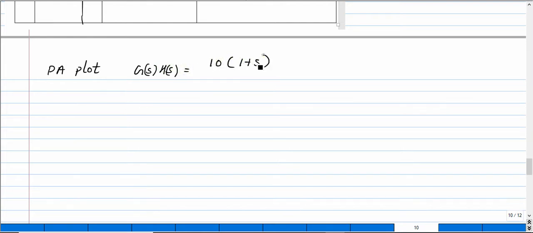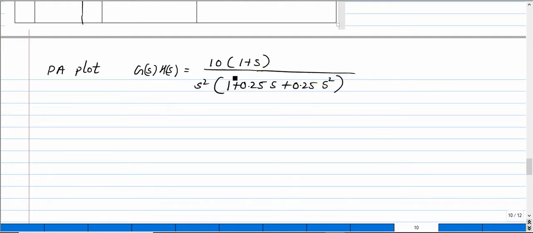The second step will be to do the phase angle plot. For the given problem, G(s)H(s) is equal to 10(1 plus s) by s square (1 plus 0.25 s plus 0.25 s square).